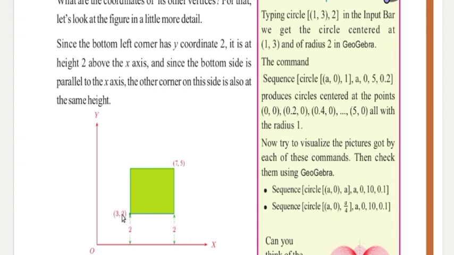The opposite vertex has coordinates (7, 5), and we need to find the other two coordinates using these two. How do we find that?